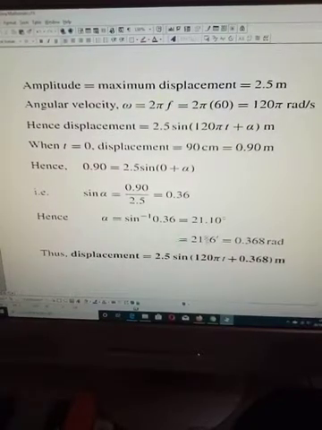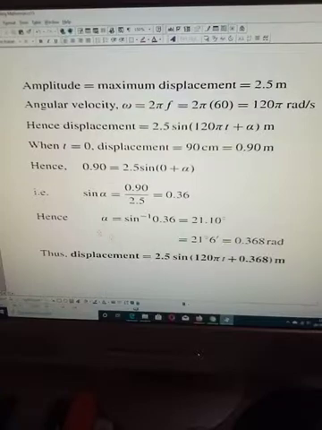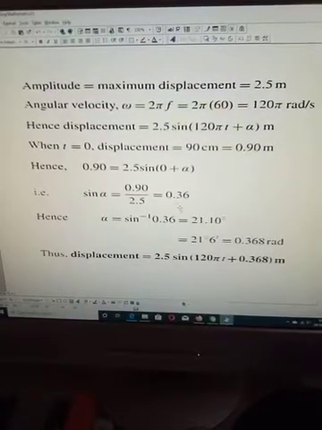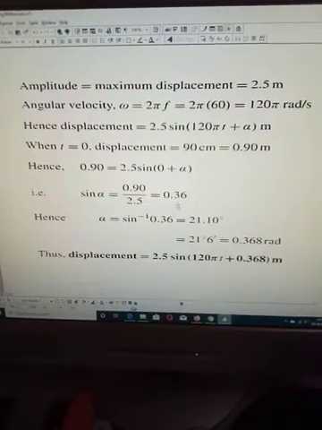And here you have 21 degrees 6 minutes, which is equal to 0.6368 rads. And it has done the process for you here, so use it.